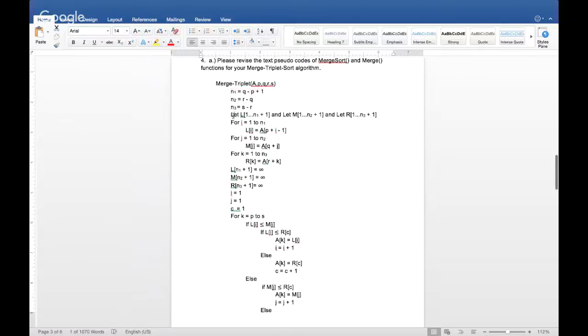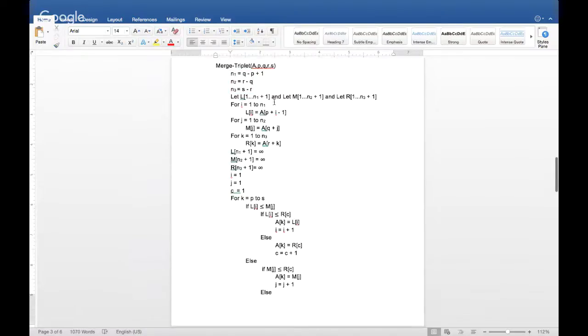So here, when we start the left array, we know that it goes from 1 to n1 plus 1. So that is the end of the left array. And then here we have 1 to n2 plus 1, and 1 to n3 plus 1 for the right array. Sorry, that took me a minute. This just kind of gets confusing without the visualization.